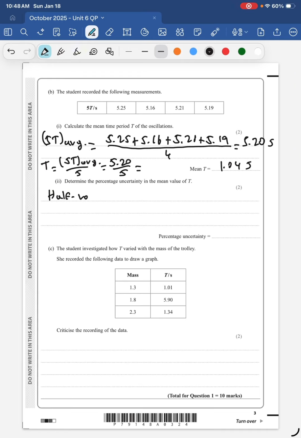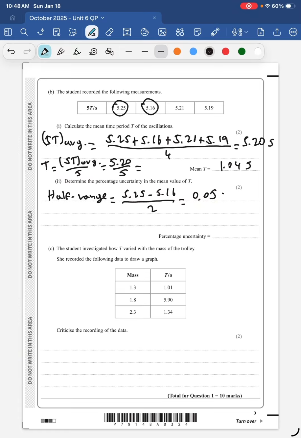The half range would be the largest value 5.25 minus the smallest value, which is 5.16, over 2.